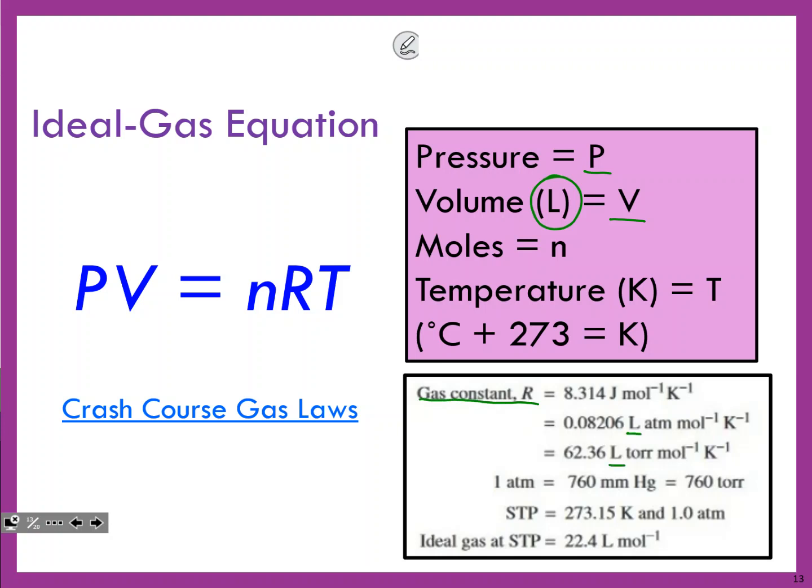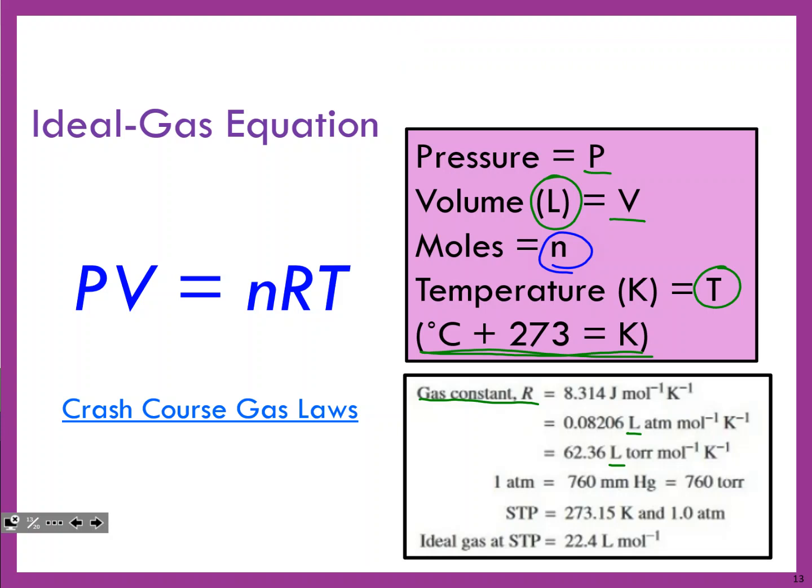N is for moles. Temperature T has to be in Kelvin, so you have to add 273 first, because we don't have any negative numbers in our gas laws. Absolute zero is 0 K. There are no negative numbers. Add 273 to the Celsius before you plug and chug.